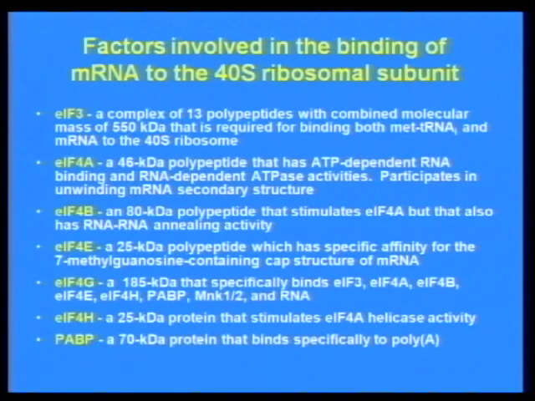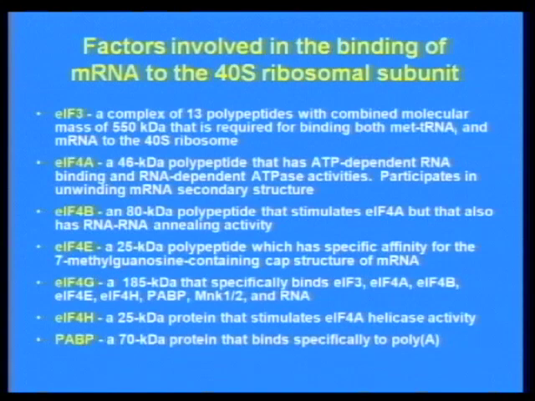The polypeptides that are involved in mRNA recruitment include eIF4E, that also is involved in methionine tRNA recruitment. 4A is a helicase that's involved in unwinding messenger RNA structure, secondary structure that allows the ribosome to move. 4B assists 4A in its helicase action, as does 4H.